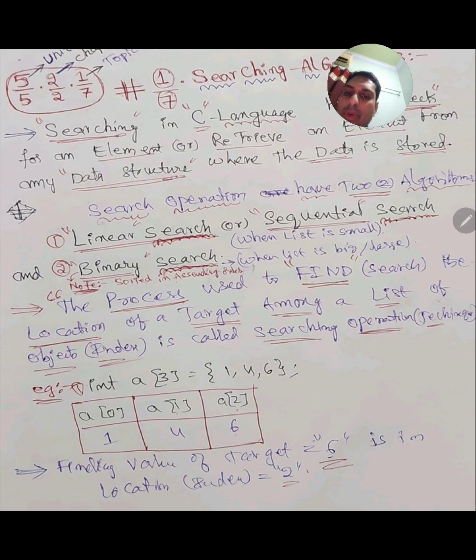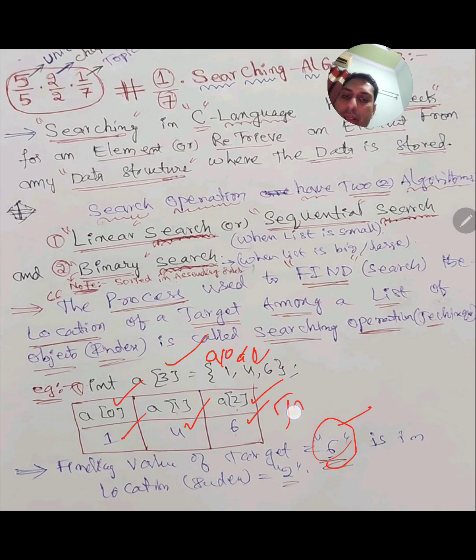So here the target element, for example here I have taken 6, a small example. int a[3], a[0] location. See, with a table also I wrote, at a[0] location the value 1 is there, at a[1] location the value 4 is there, at a[2] location the value 6 is there.